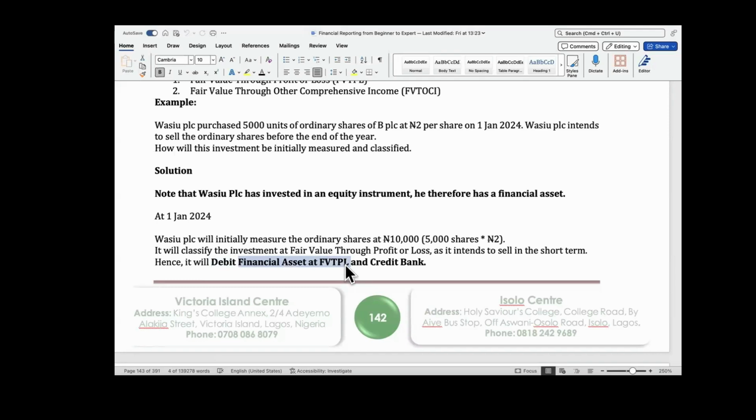In this case, since he has the intention to sell, it is stated as financial asset at fair value through profit or loss. That is what is going to be debited, and credit bank with that 10,000. So that is what is done at the beginning of the year.